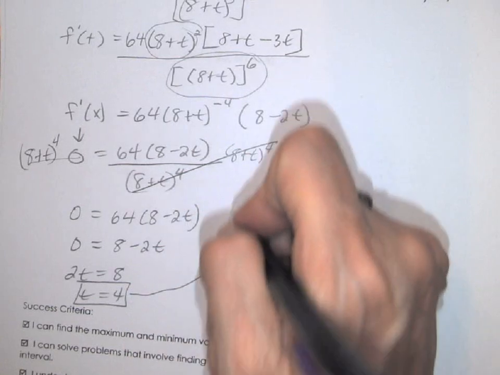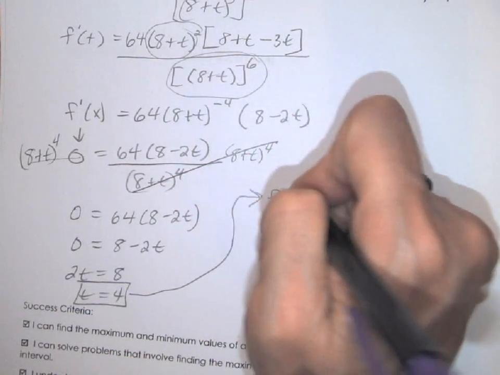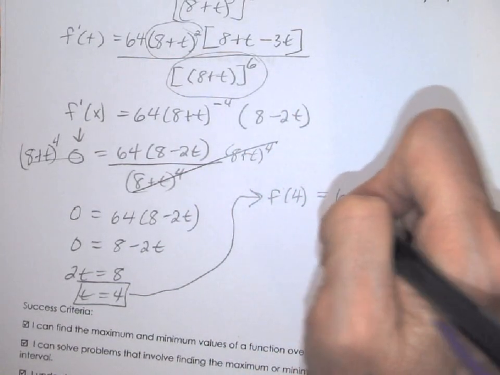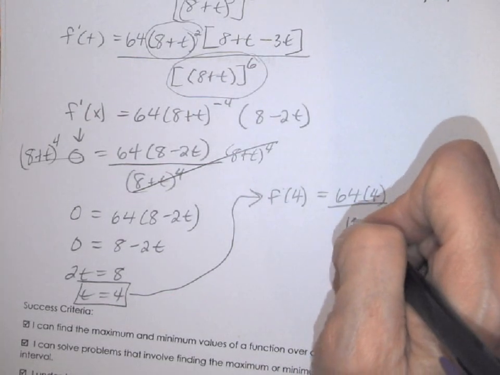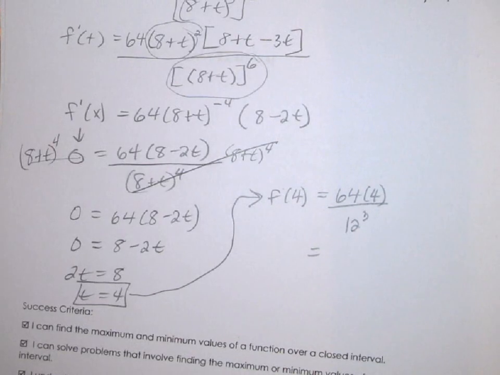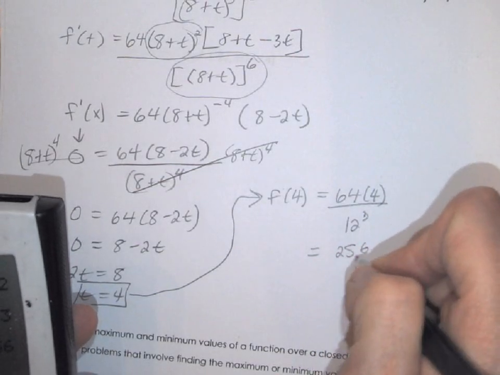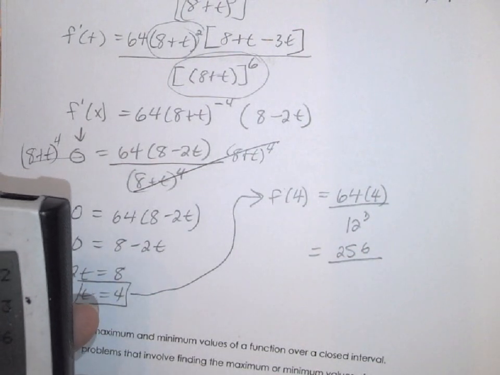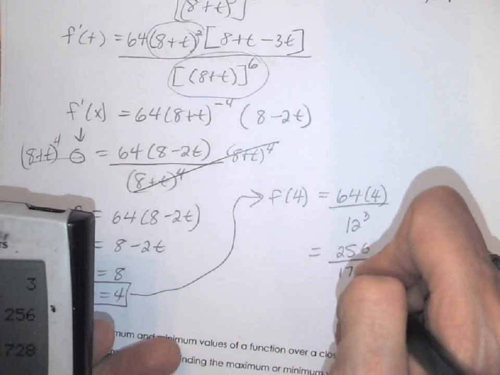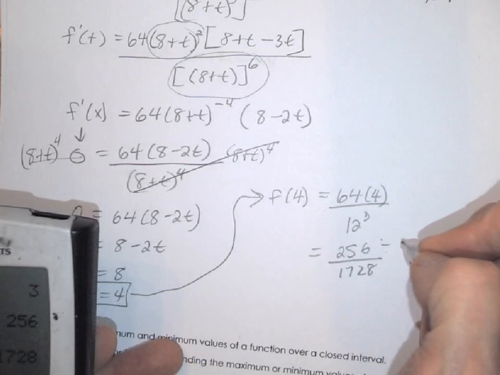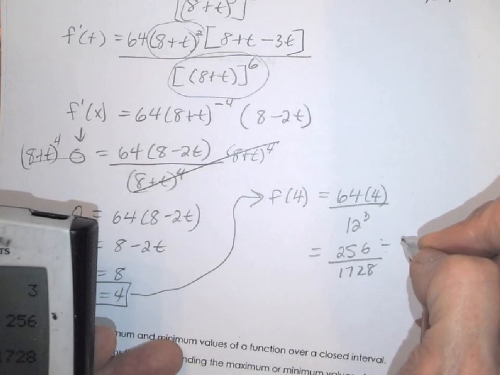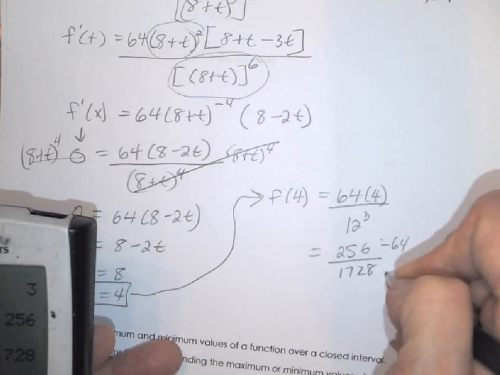And now we're going to find f at 4 and then compare it. So it's going to be 64 times 4 over 8 plus 4, which is 12 cubed. So let's see what we get when we do that. 64 times 4 is 256 over 12 to the power of 3, which is 1728. See if we can divide by, I know we can divide by 64 probably.